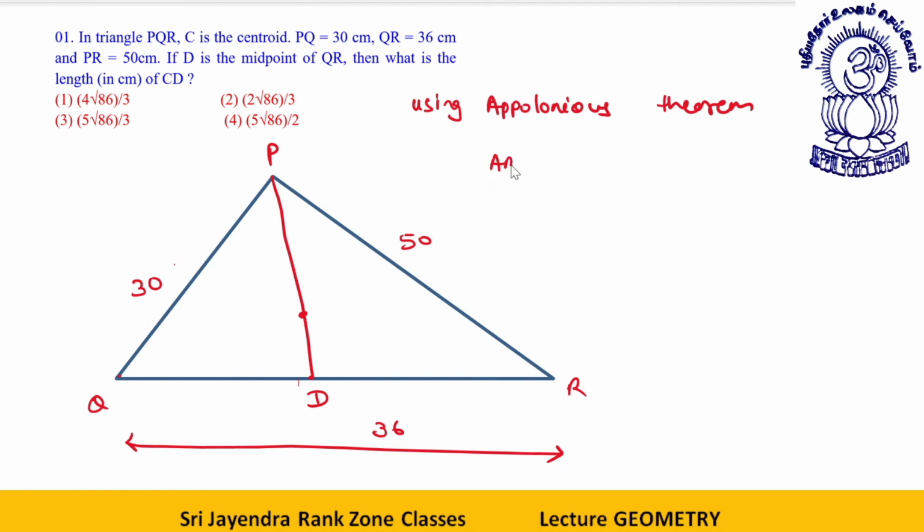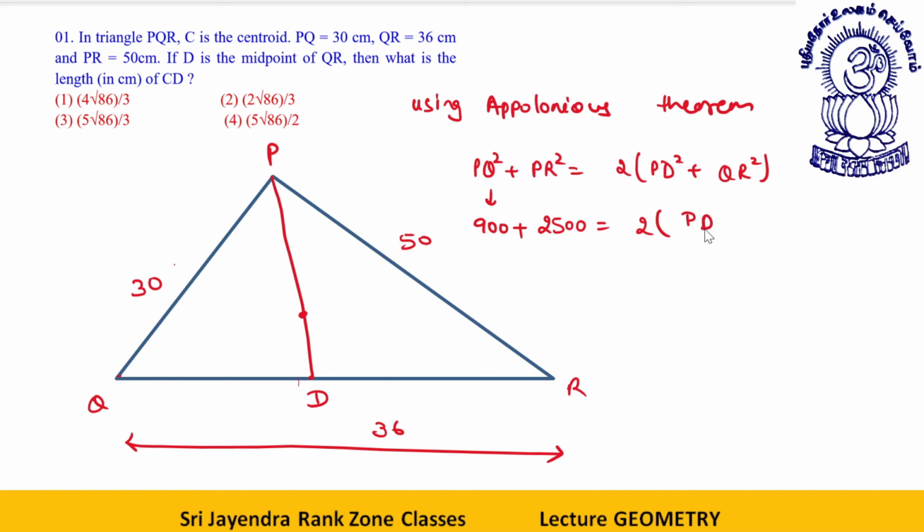You get PQ square plus PR square is equal to double of PD square plus QR square. Now what is PQ square? PQ square will be 900. PR square will be 2500.